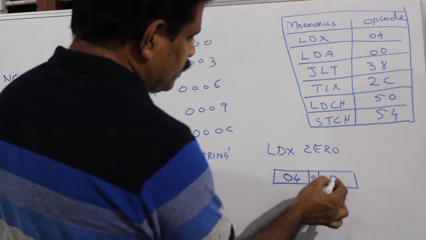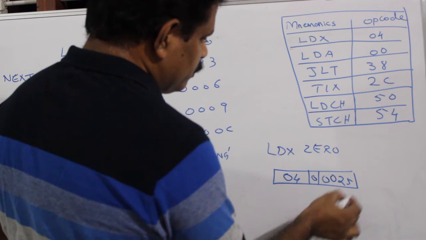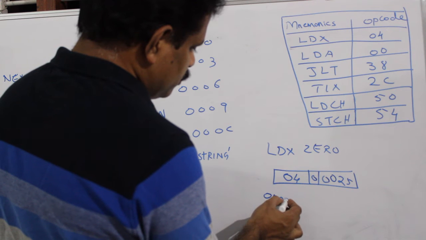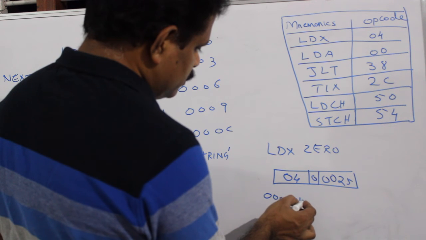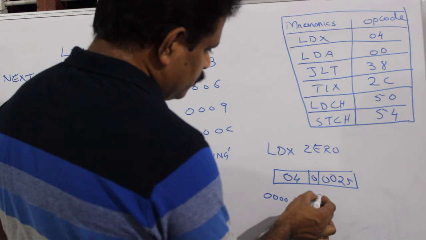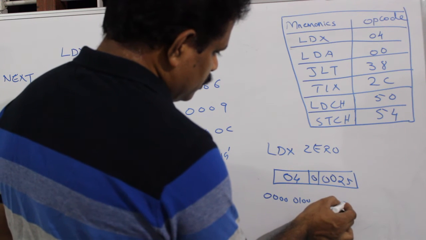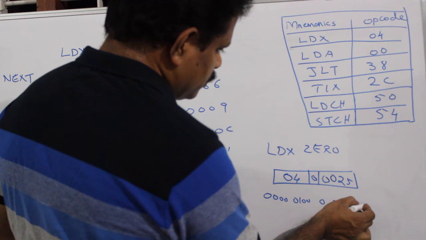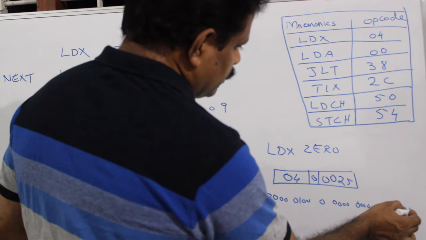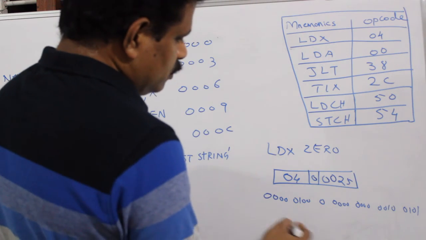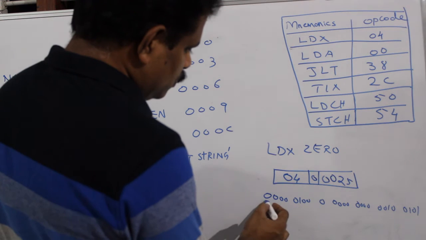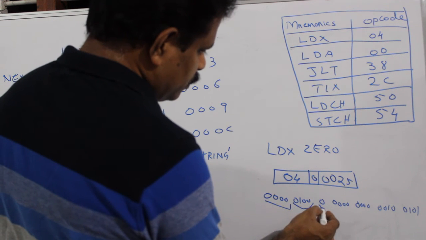So with the 15 bits, 0025 will be represented: 0000 0100, then 0, then 000 0000 0010 0101. So in total 24 bits.